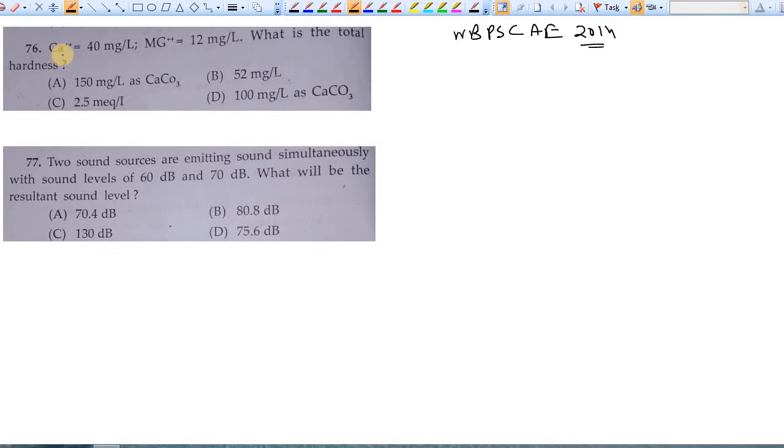That is, you have Ca++ ion of this much, Mg this much. What is the total hardness? Well, total hardness is given in terms of calcium carbonate, and Ca++ is given as 40 mg per liter. That means we can express this as 40 by 20 milli equivalent.